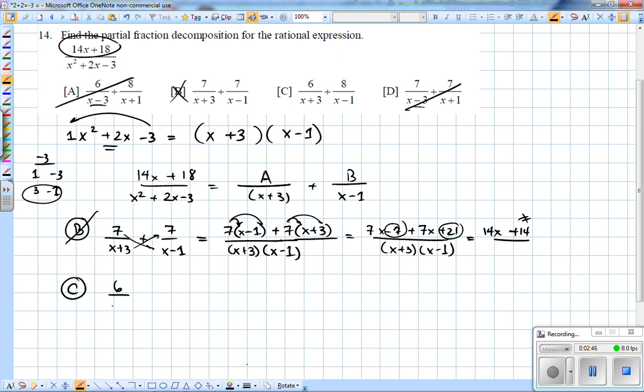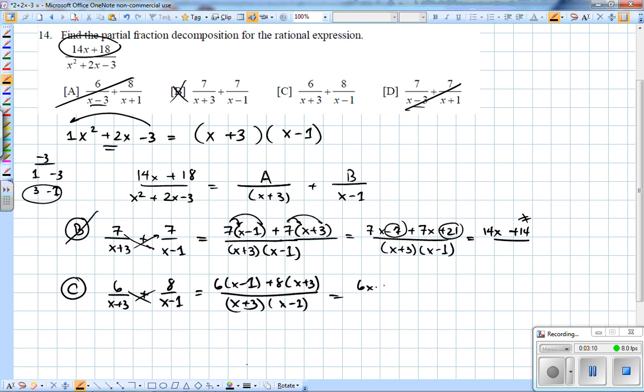I have 6 over x plus 3 plus 8 over x minus 1 equals, again, multiply the denominators, multiply, kind of cross multiply, not exactly cross multiplication, just a technique or an algorithm, if you want to call it, x plus 3.